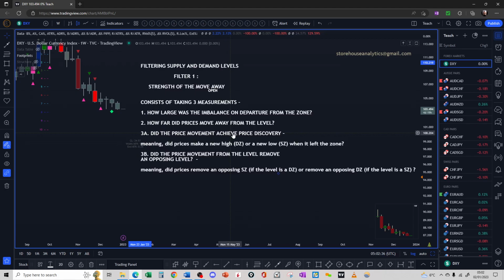If you decide, I only want to take zones that have moved a distance of 3 times the size of the zone, then do that and remain consistent with it. What you will find is that you will get fewer trades. Remember those trade-offs I tell you about. There are always advantages and disadvantages to everything in trading and in life.